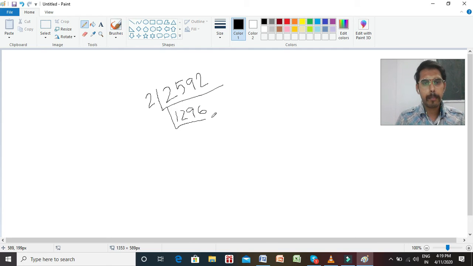Then again, when we divide it by 2, we get 648. Again, when we divide by 2, we get 324. Again we divide by 2, we get 162.